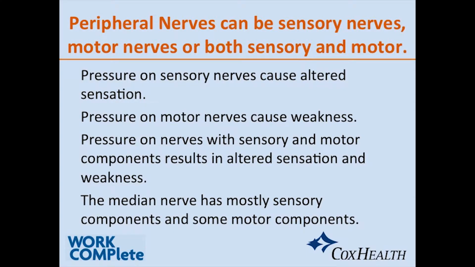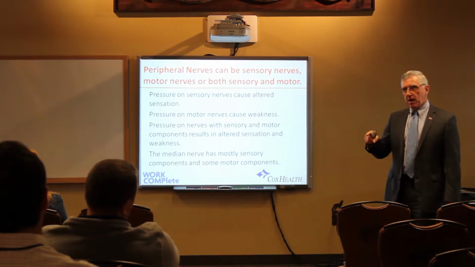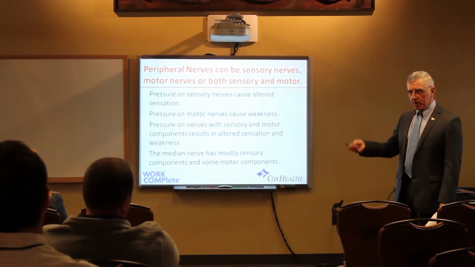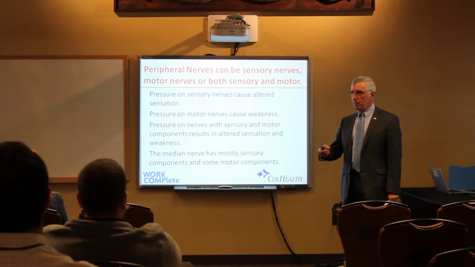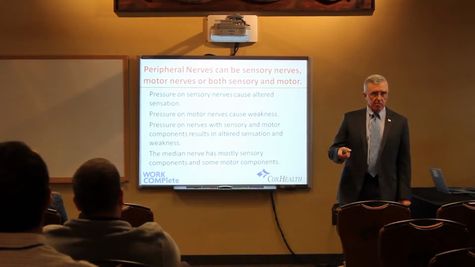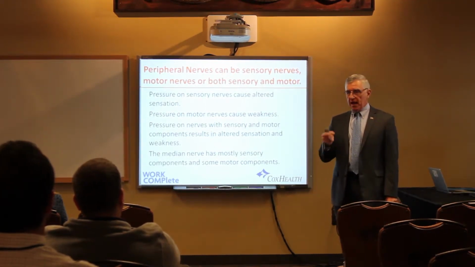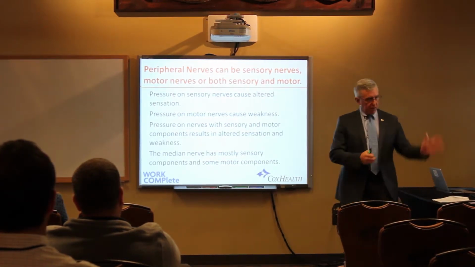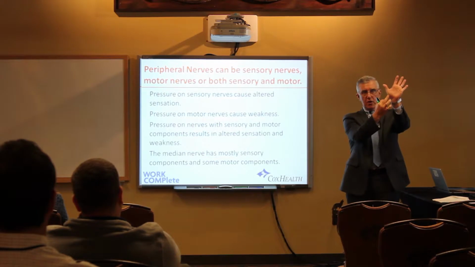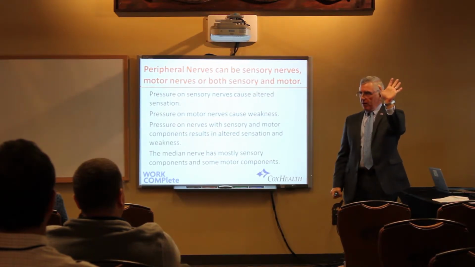Now, pressure on sensory nerves causes altered sensation. That's why in carpal tunnel syndrome, you have people come in and tell you that they're feeling tingling or numbness or burning sensations. Pressure on the motor nerve can cause weakness. If it's completely compressed for a long period of time, the muscles will actually become atrophied. They'll become very small. That's why in carpal tunnel syndrome, sometimes you will see this portion of the palm of the hand, the thenar eminence, some of those muscles in there are very flat.